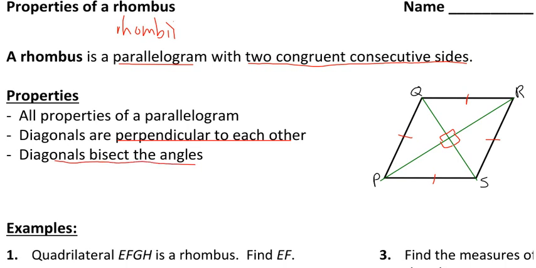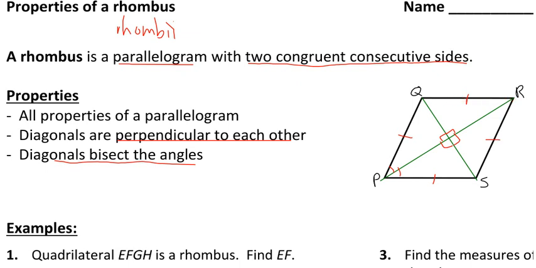So what happens here is that, for example, angle QPS, this angle here, is going to be bisected by diagonal PR, making these two angles here congruent. So we will end up with this angle here congruent to this one. The same thing happens with the other angle.